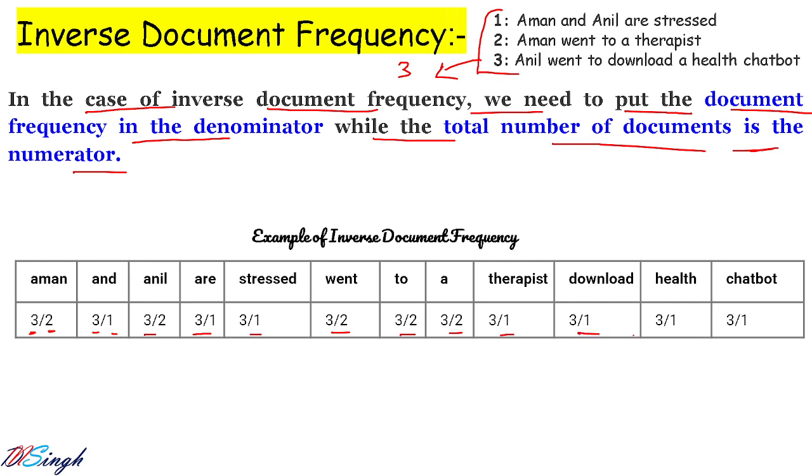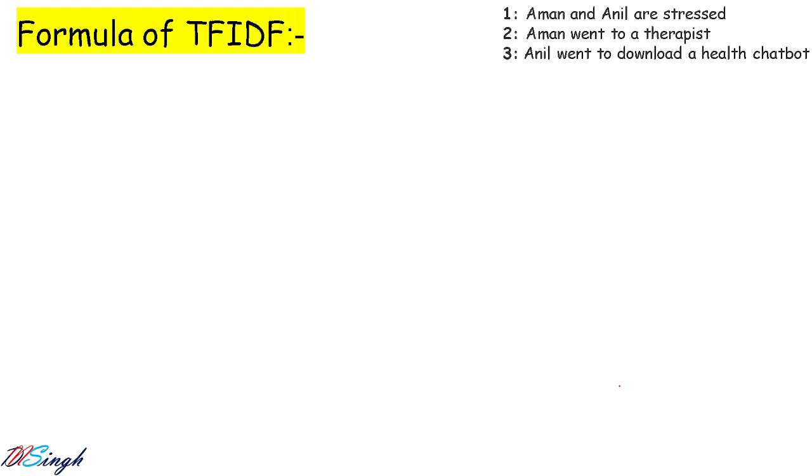Okay, so we have calculated the inverse document frequency, and once we have the inverse document frequency, document frequency and term frequency, we have all 3 tables. We have TF, which is equal to the document vector table. We have calculated the DF, that is document frequency. We have also calculated the IDF, that is inverse document frequency.